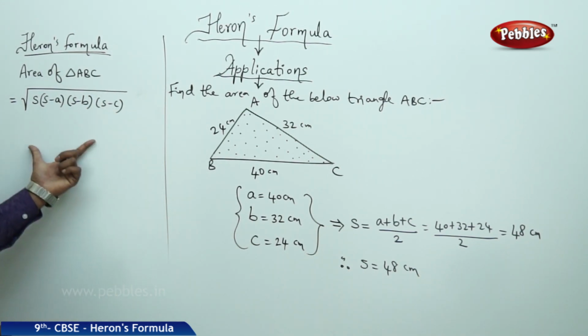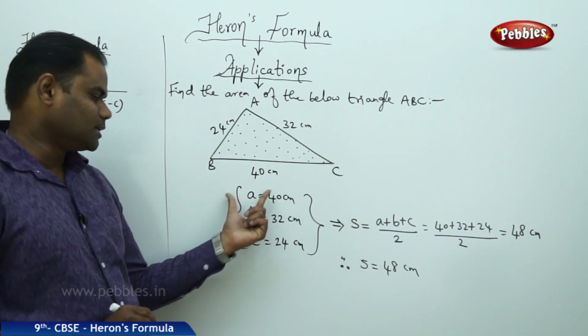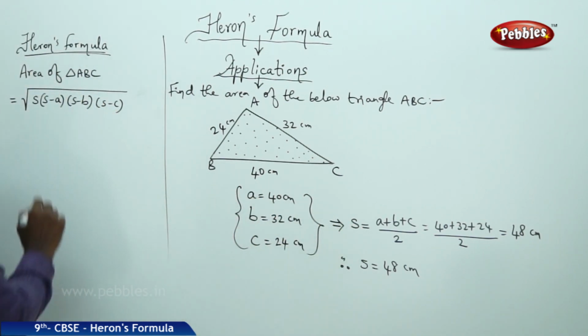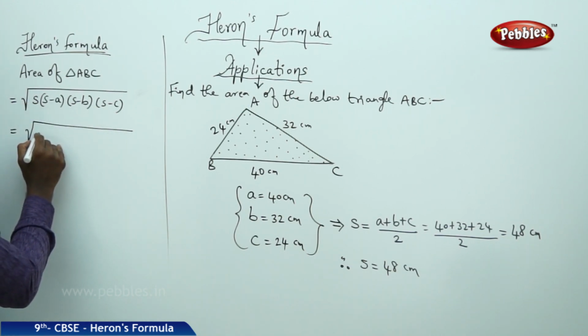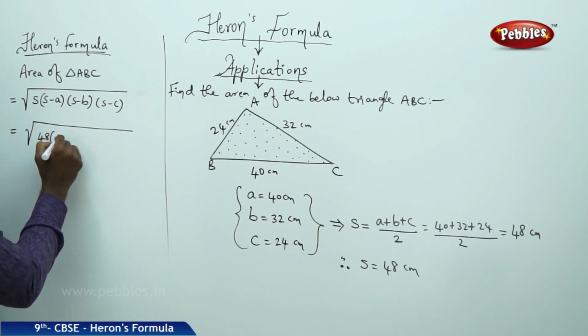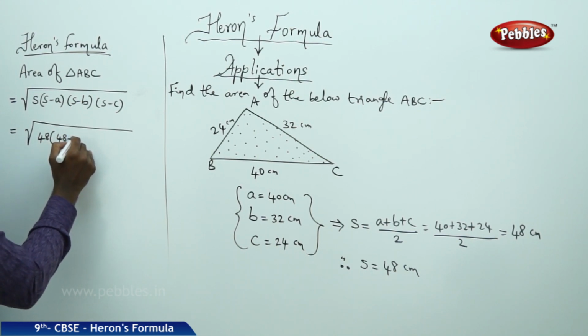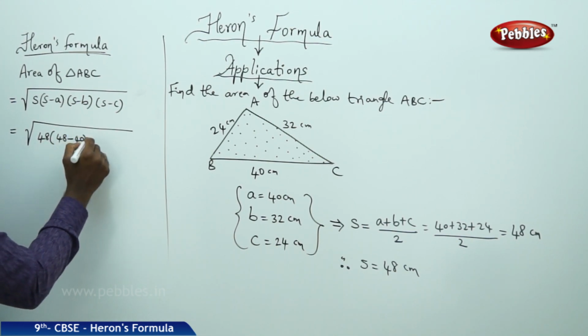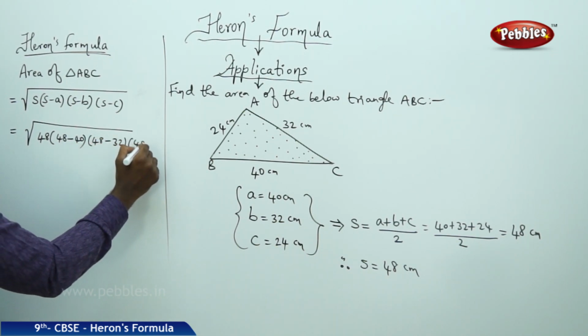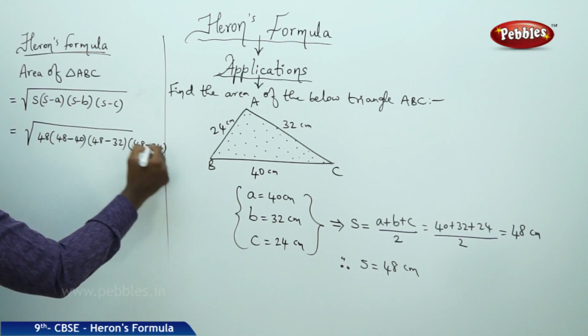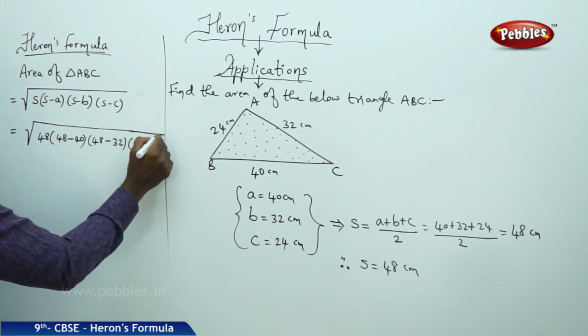And with this formula, let's substitute each of S, A, B and C into the formula. So S is 48 and S minus A is 48 minus 40, S minus B into S minus C.